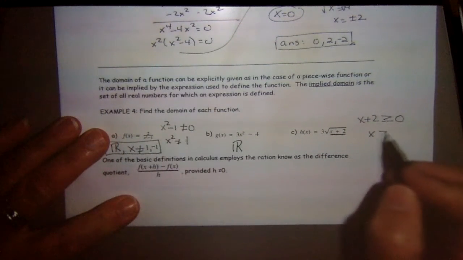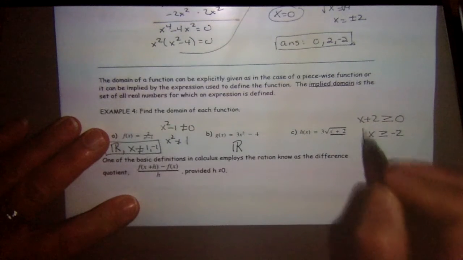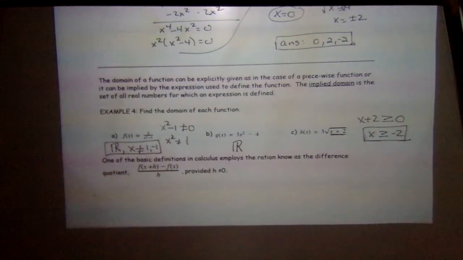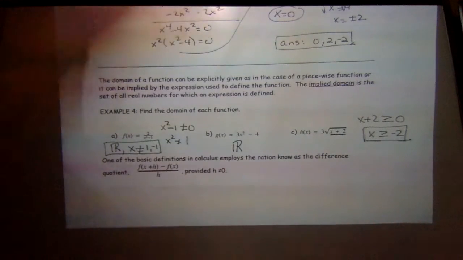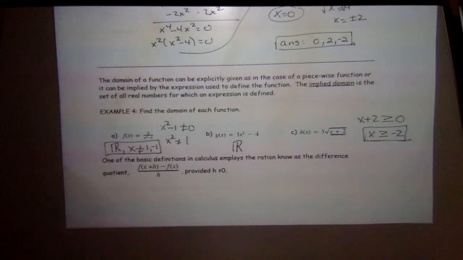So x has to be greater than or equal to negative 2. Any number less than negative 2 will give me a negative under that square root, and I can't square root a negative. Questions there?